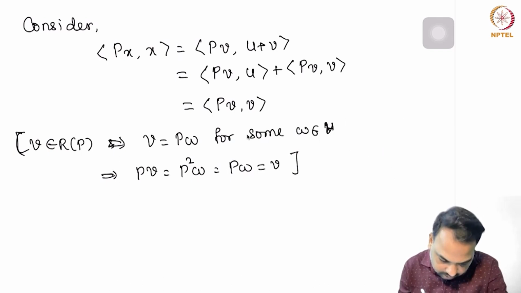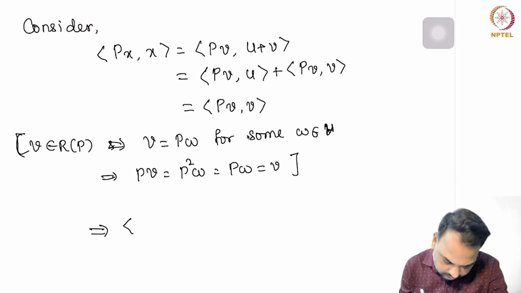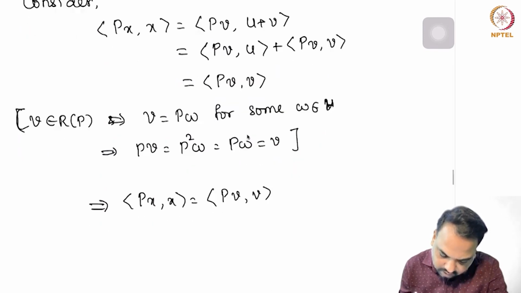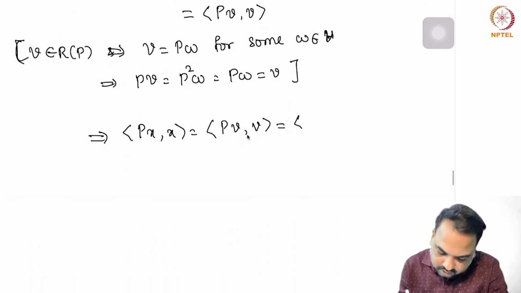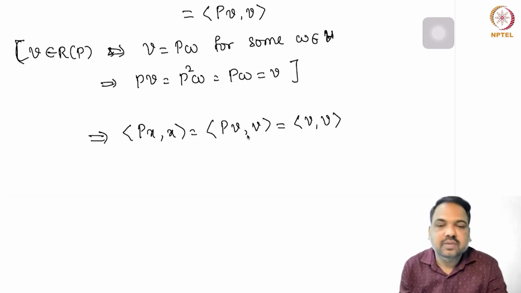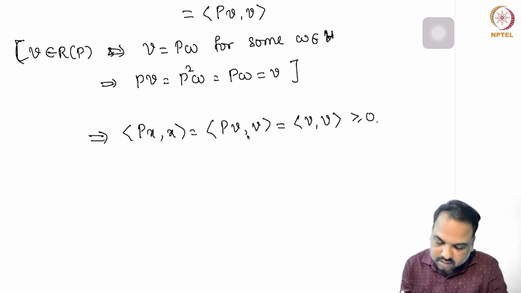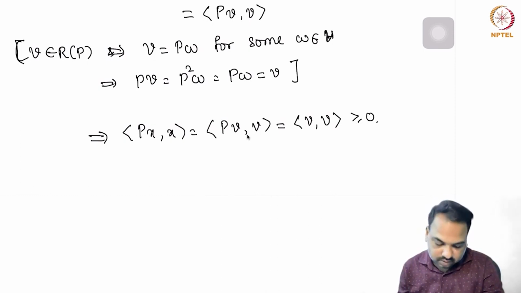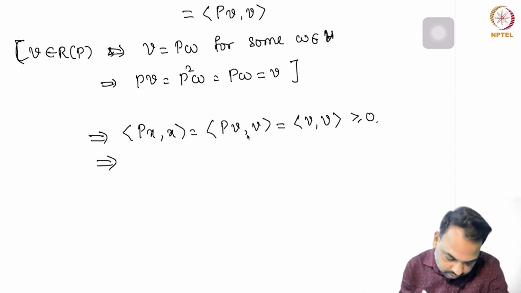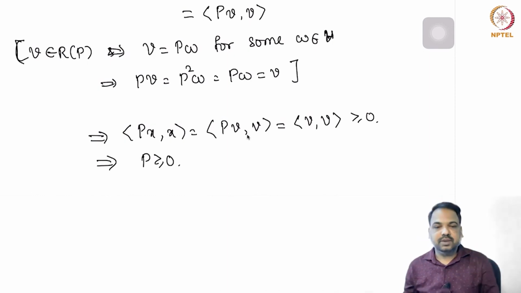So from this we can conclude that the inner product of Px with x is nothing but the inner product of Pv with v, but we know that Pv is nothing but v, so the inner product of v with v is always positive. So this completes the proof of the fact that P is positive.